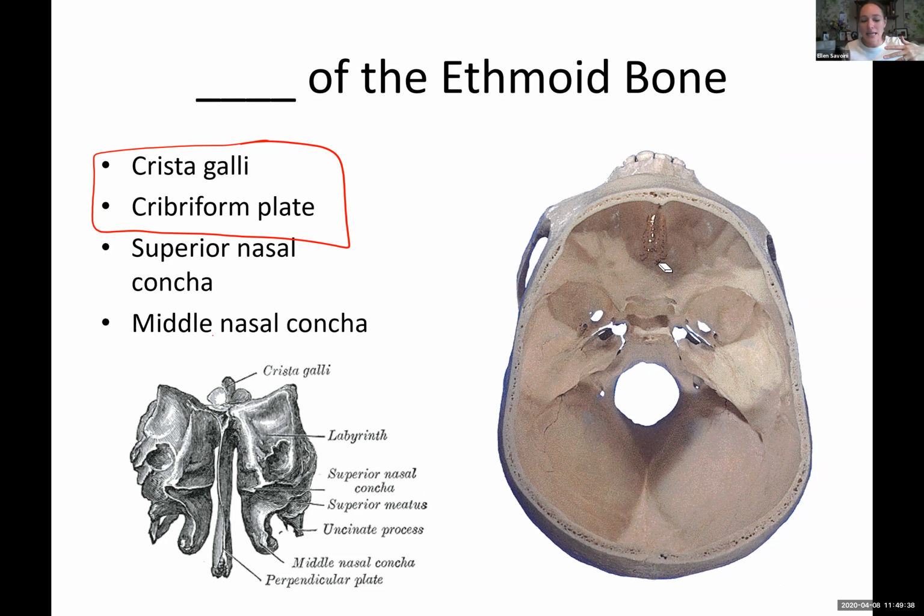And so when we did the senses and it showed like these little nerve endings dangling down into the nasal cavity, they're going through the cribriform plate so that the little nerves for the smell all can just dangle in there. I always think of our smell receptors as being like chandeliers. Like if you go to a lighting store, there's lights hanging everywhere.